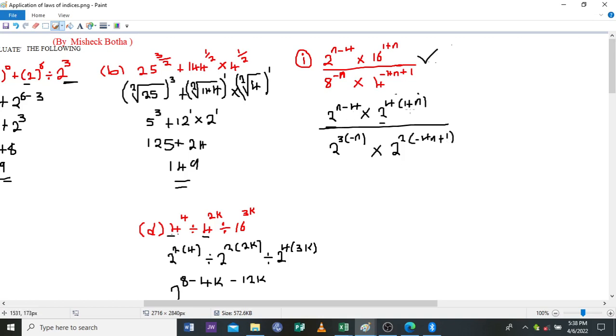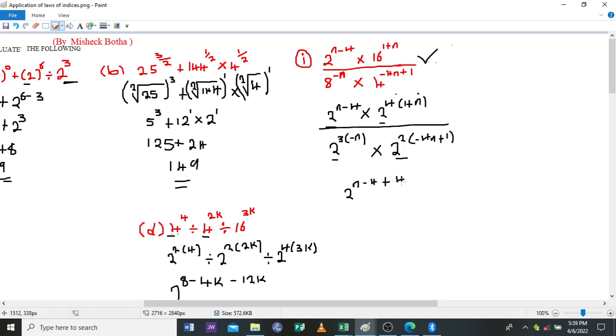Now look at on top, the bases are equal. At the bottom, we have also made the bases to be equal. So that means we can add the powers while we take just one base. So this is the power for the first base. So we have to add the powers of another base, which is 2.